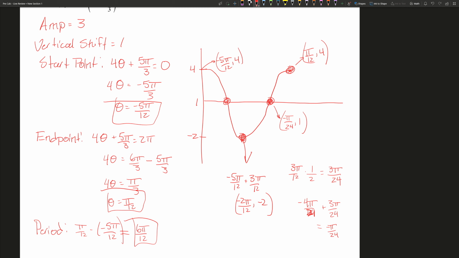So Noah, it's always equal to 0 for sine and cosine. For tangent, you're setting it equal to π/2 and 3π/2.